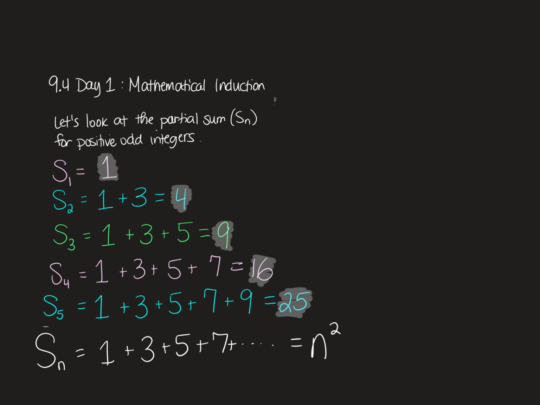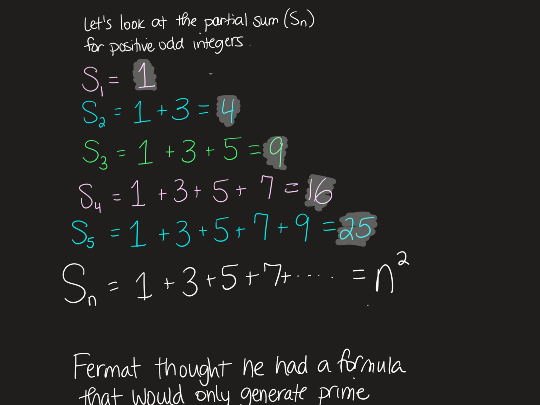If we go back up here, we're looking at our partial sum, 1, 3, 5, 7, and so on. We're saying it equals n squared, but we only looked at 5 terms. While our sum for this one is a lot easier to look at and work through, it's still not enough.